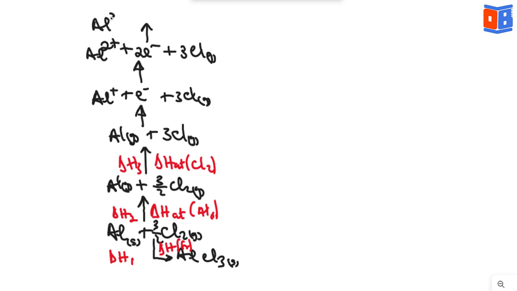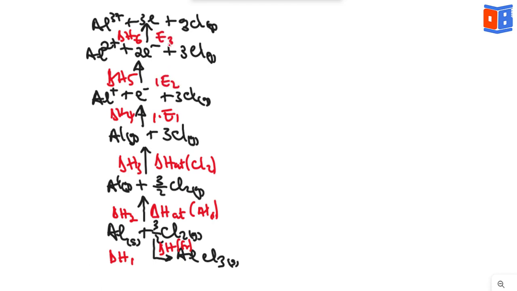We have Al 3 plus, 3 electrons, plus 3 chlorine gas. From here it undergoes 3 successive ionization energies. So I'm numbering the enthalpy changes which we are going to use to find our expression. This is delta H4, delta H5, delta H6. So for ionization energy, this is IE1, this is IE2, this is IE3.